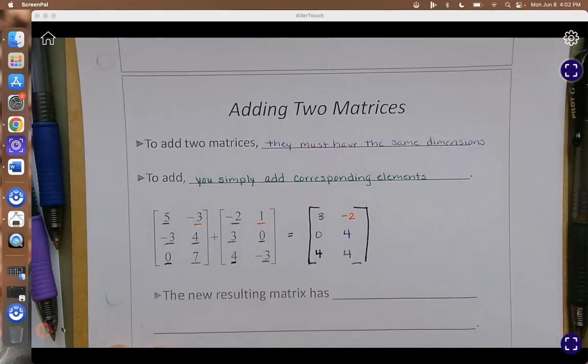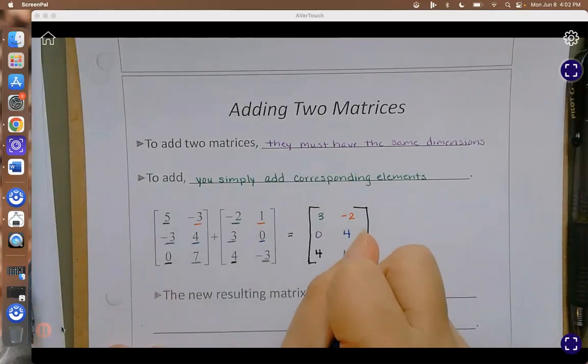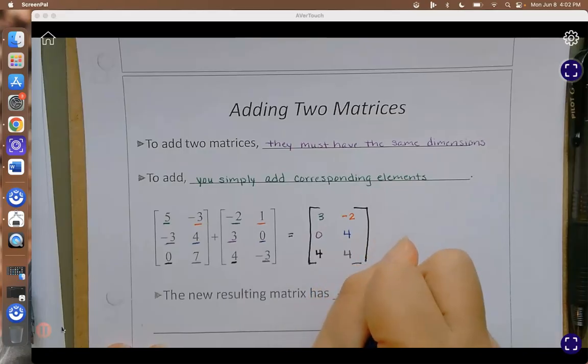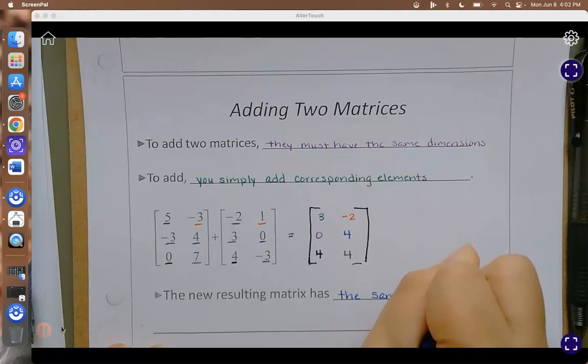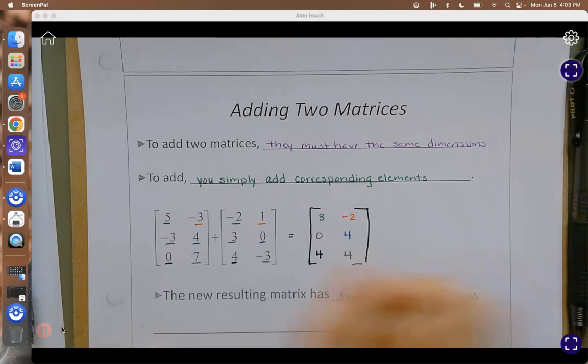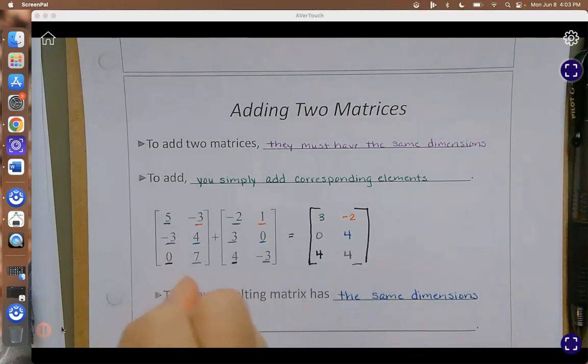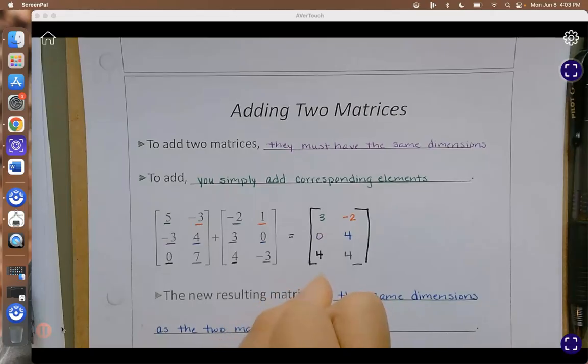Super easy. Okay? The new resulting matrix has the same dimensions as the two matrices being added.